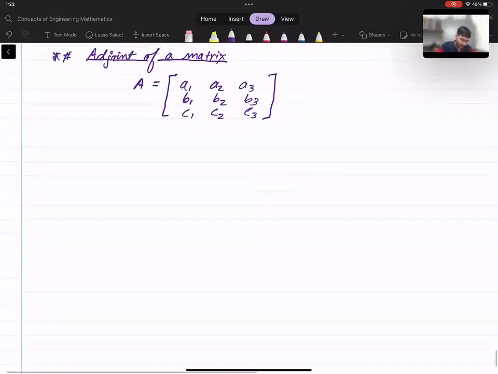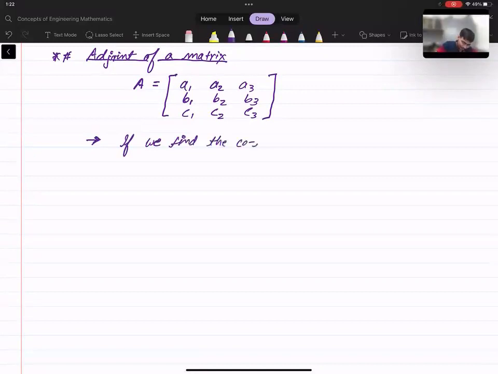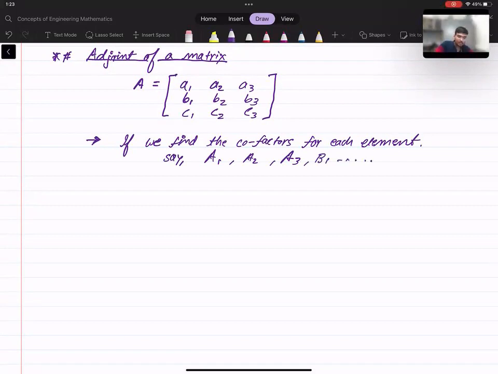Okay. So let me write it also. If we find the cofactors for each element, say A1, A2, A3, B1, B2, B3, and C1, C2, C3.